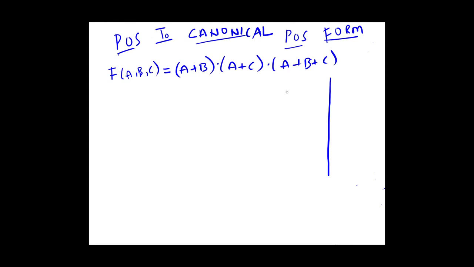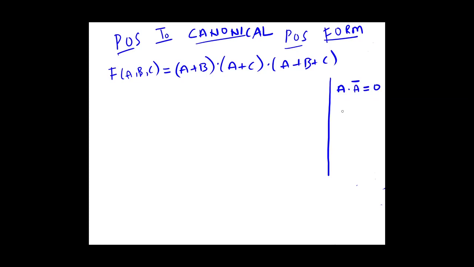Before starting this, from the Boolean laws, if you have seen the SOP form, how to convert SOP to canonical SOP, we used 2 Boolean laws over there. In the same way in POS form, we use the other 2 Boolean laws. Those are: A into A bar is equal to 0.